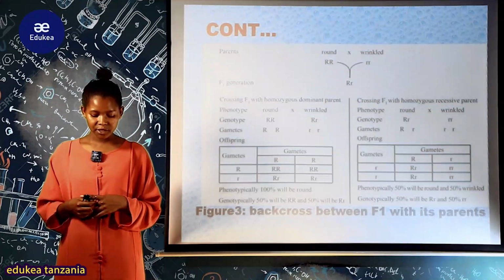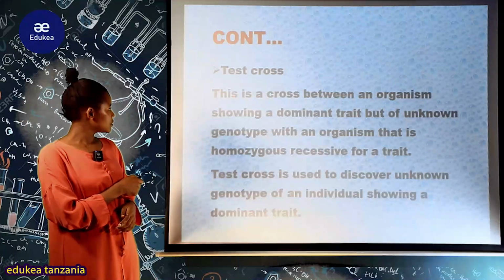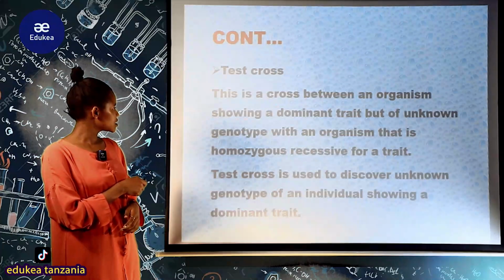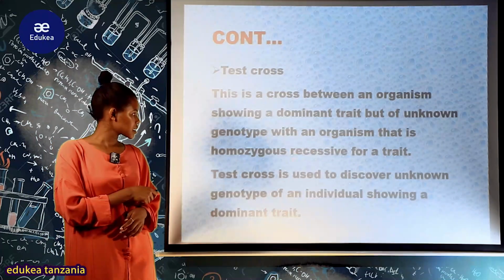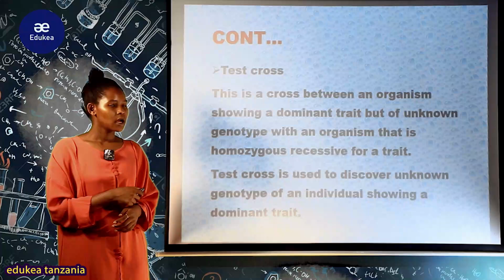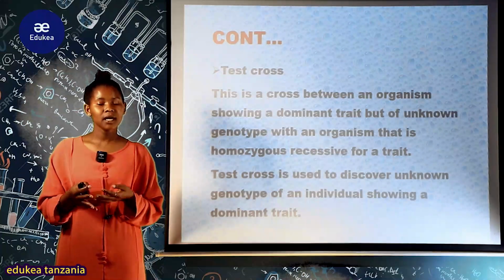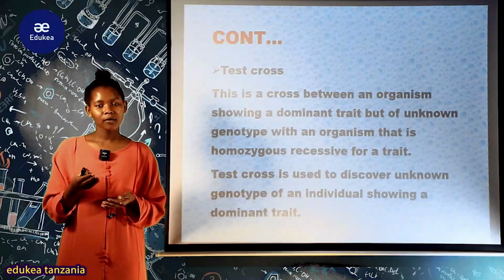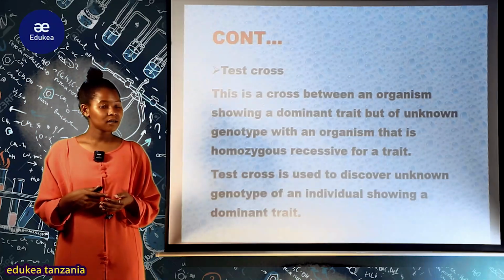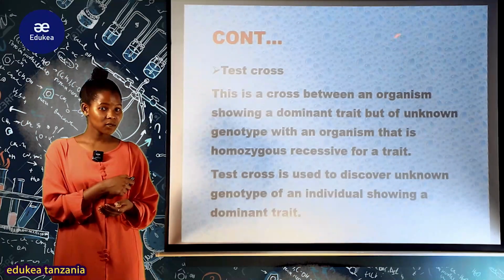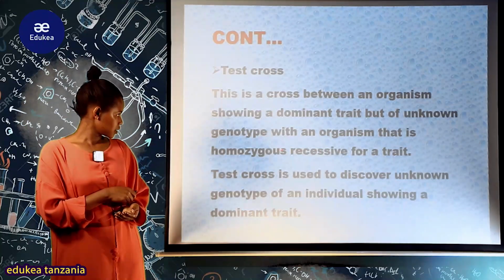And now, after finishing that, we are going to look at another method, which is testing cross, in which it involves the cross between an organism showing a dominant trait but of unknown genotype with an organism that is homozygous recessive for a trait. Hapa tuna mcross organism ambaye anaonyesha dominant trait lakini ya unknown genotype na organism mwenye recessive trait. Okay.